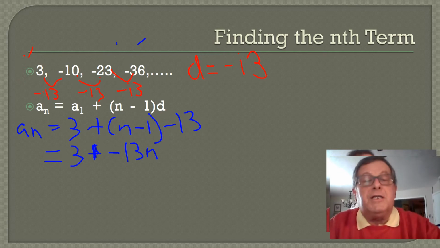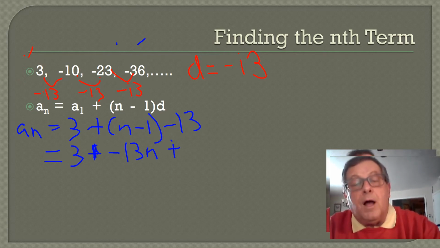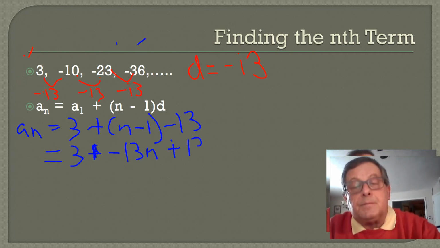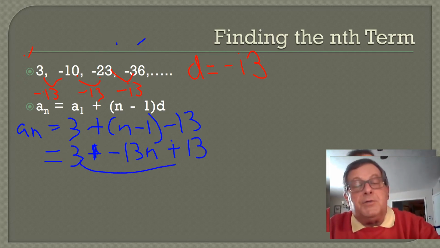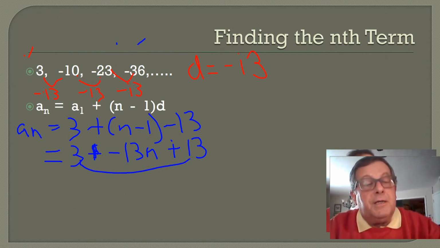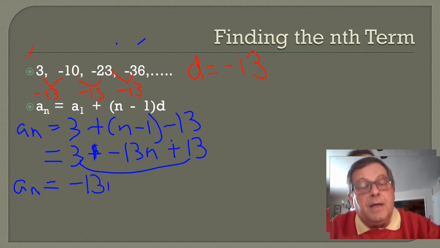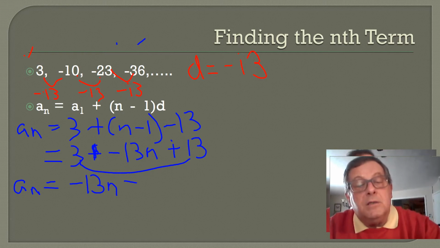And negative 13 times negative 1 is going to give me positive 13. All right, so now I can combine these two terms, the 3 and the 13, and then I can just say that a sub n equals negative 13n plus 16.